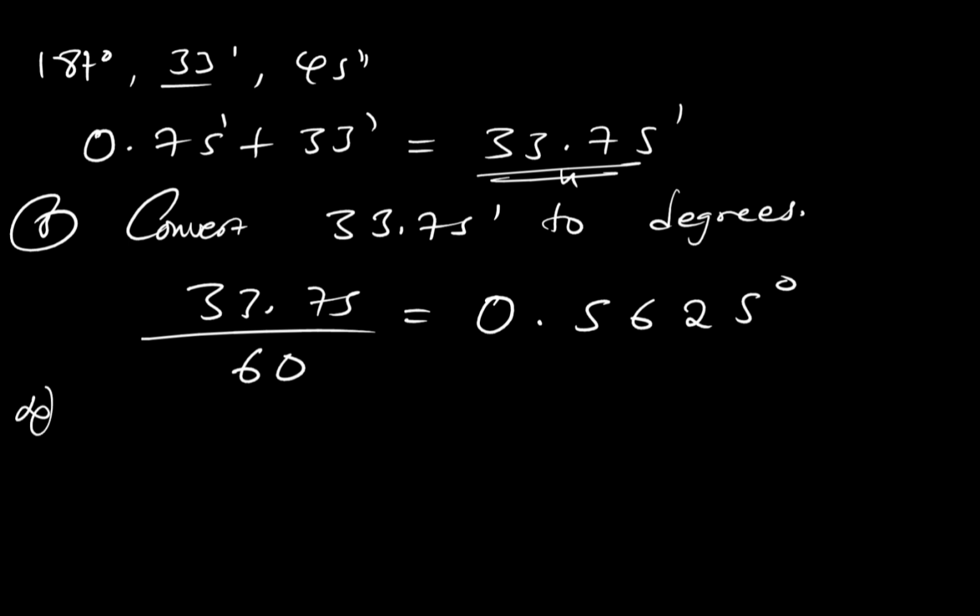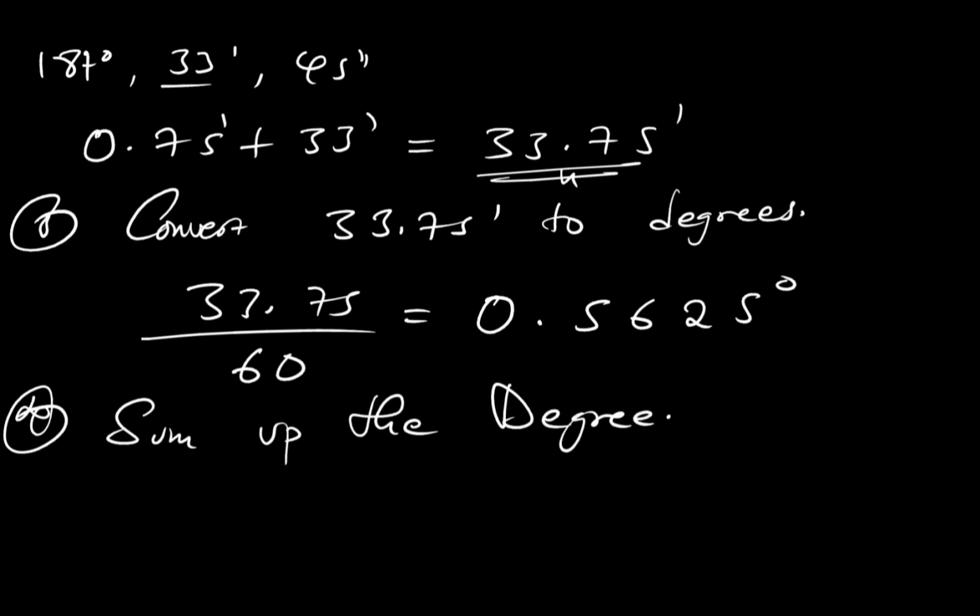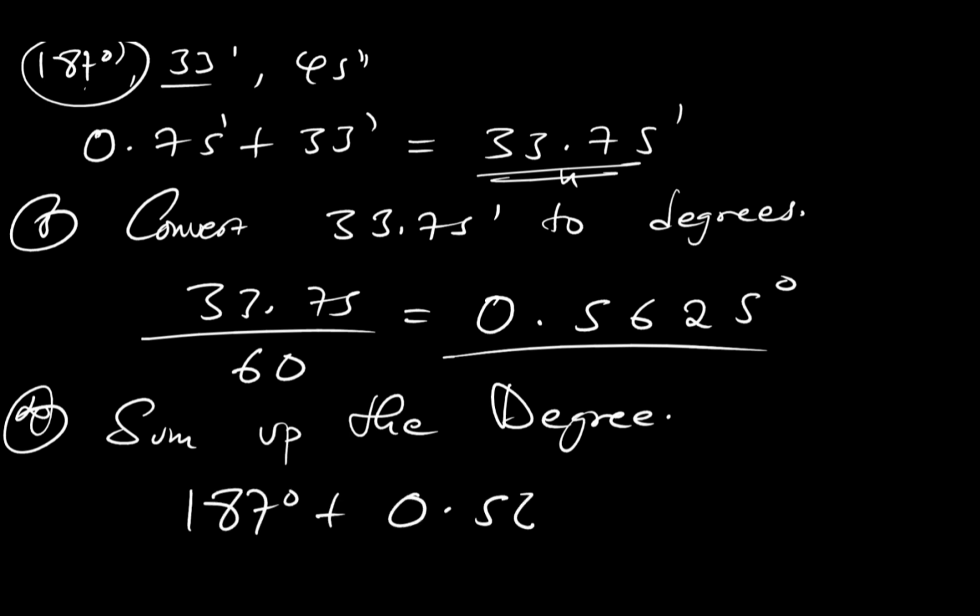Once you have that, the last step is simply to sum up the degrees. What I mean is getting this degree and summing it up with the initial degree that you have, which is 187. So I'm going to say 187 degrees plus 0.5625 degrees. If you sum this up, you'll get 187.5625 degrees.